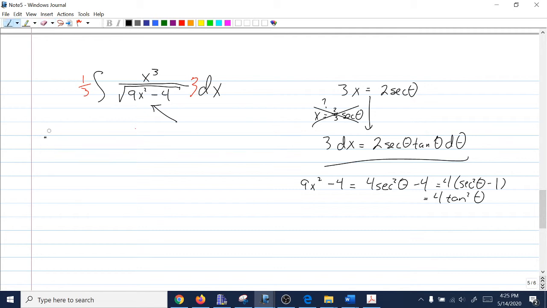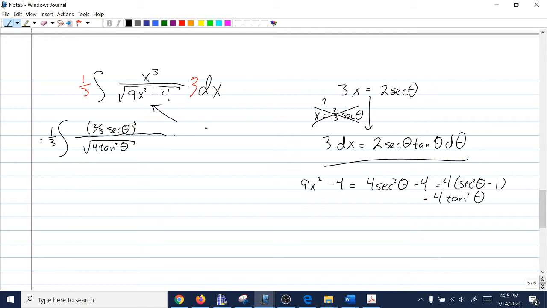I get 1/3. X cubed becomes 2/3 secant theta cubed over that square root, which becomes the square root of 4 tangent squared theta.